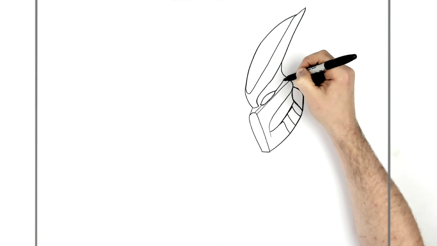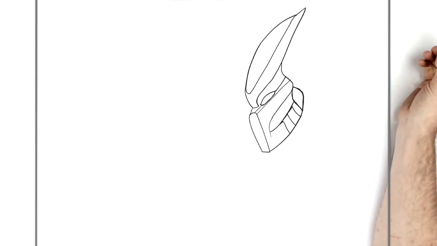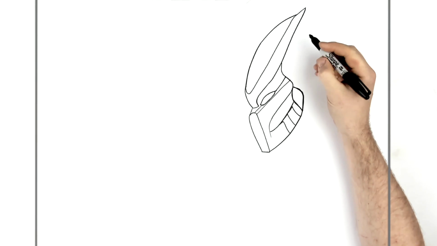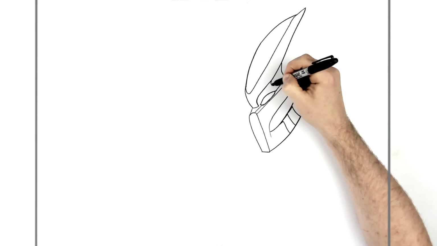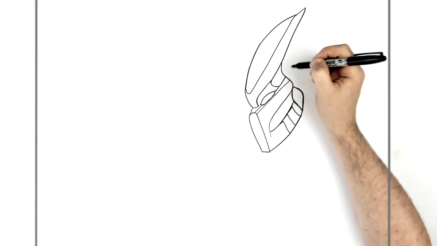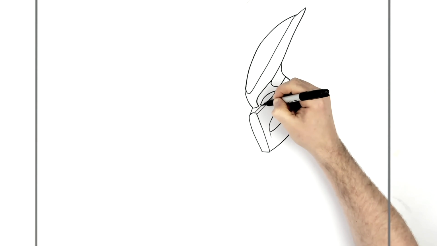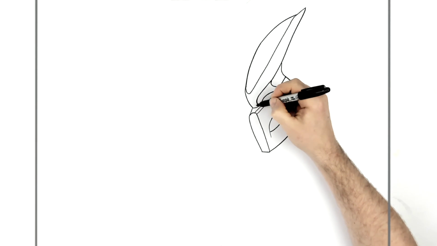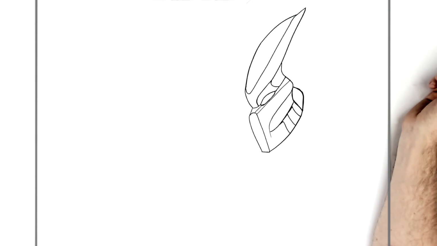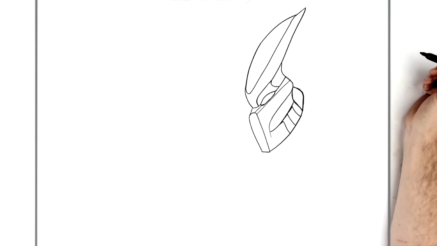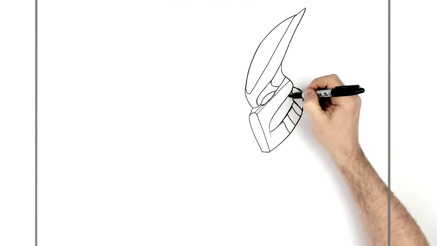Then they're coming out from the corner of the eye here. And like some sort of vent or something here. Like another line there on the eyebrow. I think there might be another line here as well.